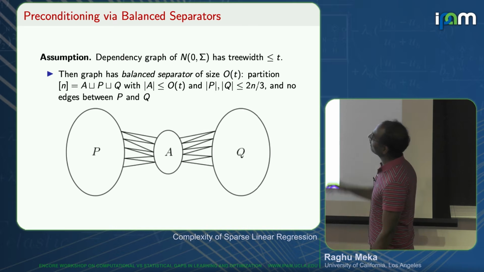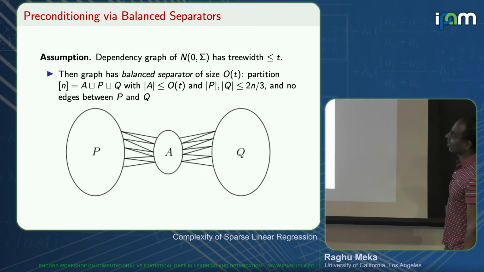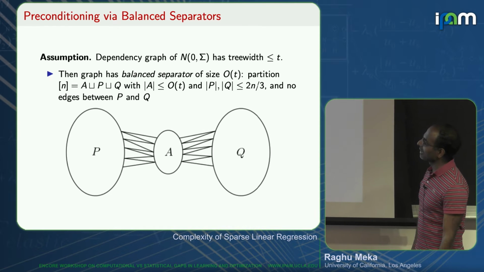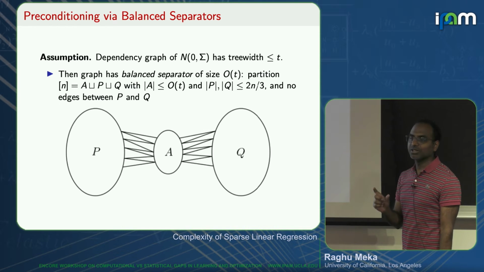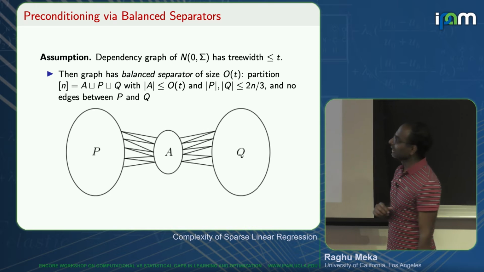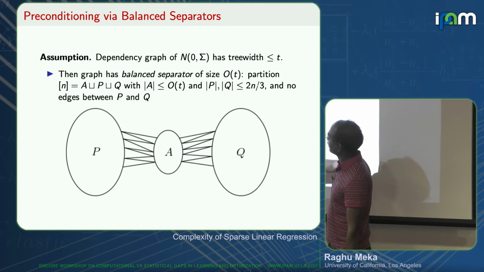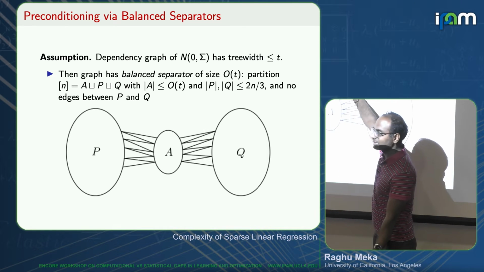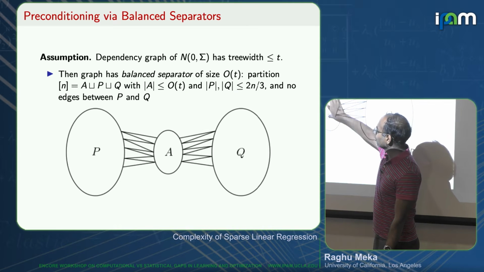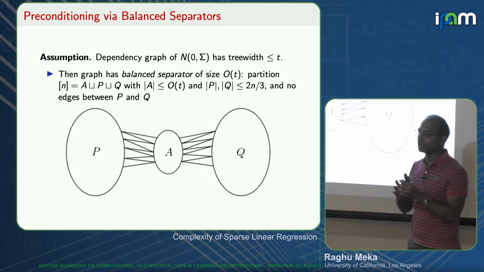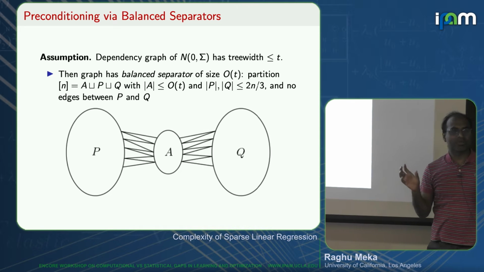Okay, there's a way to define tree width, but let me only talk about one implication of what tree width implies. It is that there is a good separator in your graph, right? Meaning, there are some constant times many t vertices such that if I remove them, the graph splits into 2 roughly equal size pieces.